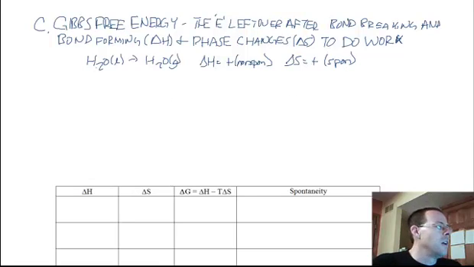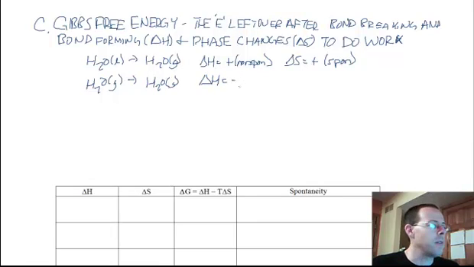If we look at water as a gas condensing into water as a liquid, in terms of bond breaking or bond forming, our delta H is a negative value, which means it is exothermic, or we're losing energy to forming basically our intermolecular forces. So that is typically a spontaneous reaction, but our delta S is a negative value, which would indicate a non-spontaneous reaction.